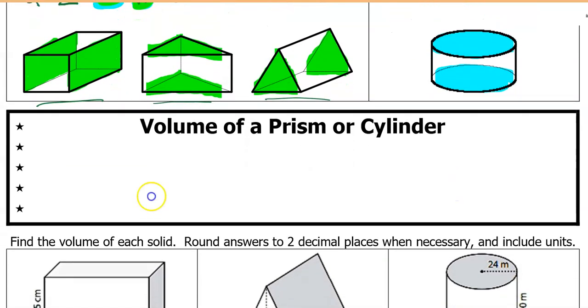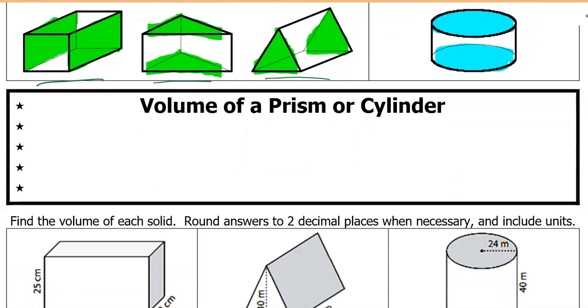So to find volume, there's a formula for it. I will show you the formula. It's not too complicated, but more than anything, I like to think of it as a two-step process. The volume of a prism or a cylinder, volume equals a capital B, there's a reason it's capitalized, and then just a lowercase h.